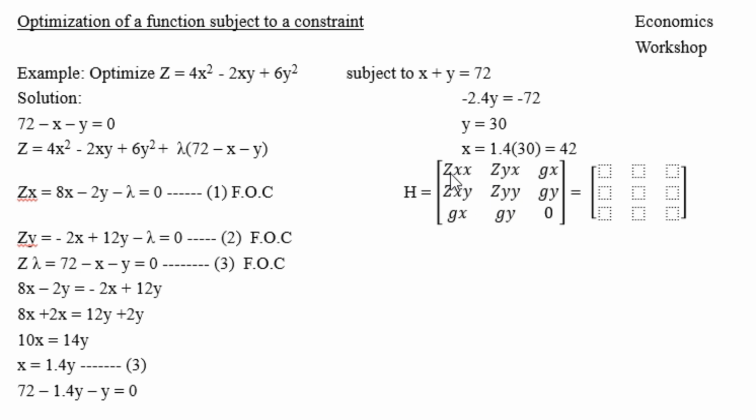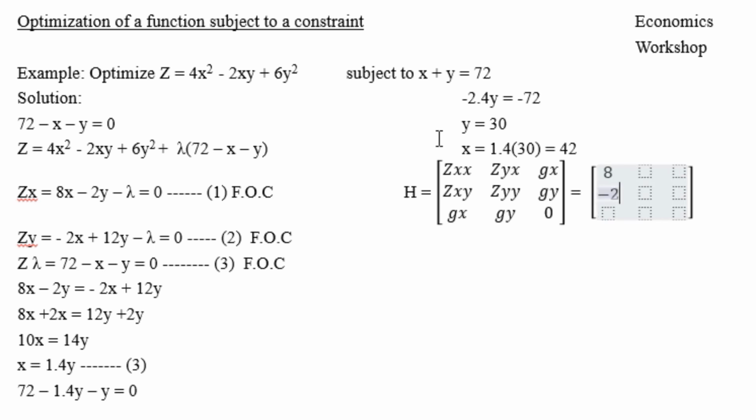So we have Zxx, which is the second partial of Zx with respect to x. So when we differentiate Zx with respect to x, that is 8. Zxy, differentiation of Zx with respect to y, that is minus 2. We have minus 2 here.